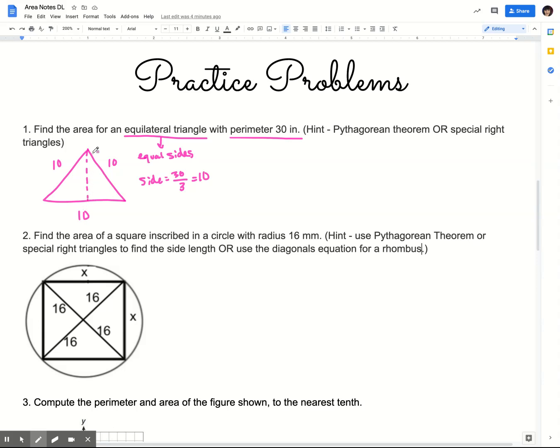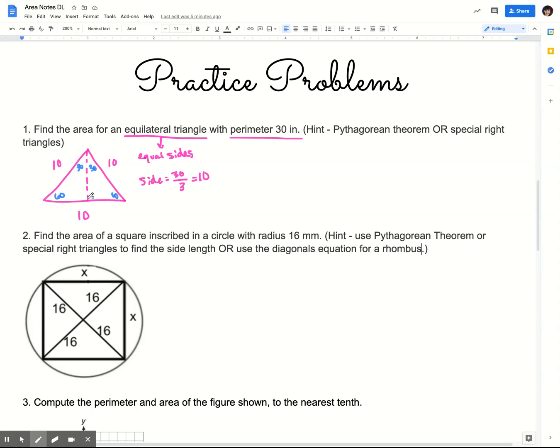Now there are a couple of ways you can find the height. As a reminder, in an equilateral triangle, all of the angles are 60 degrees. So this is 30 and 30 because this height divides this in half. You could use your knowledge of special right triangles to figure out what this height is. You could also use the Pythagorean theorem.